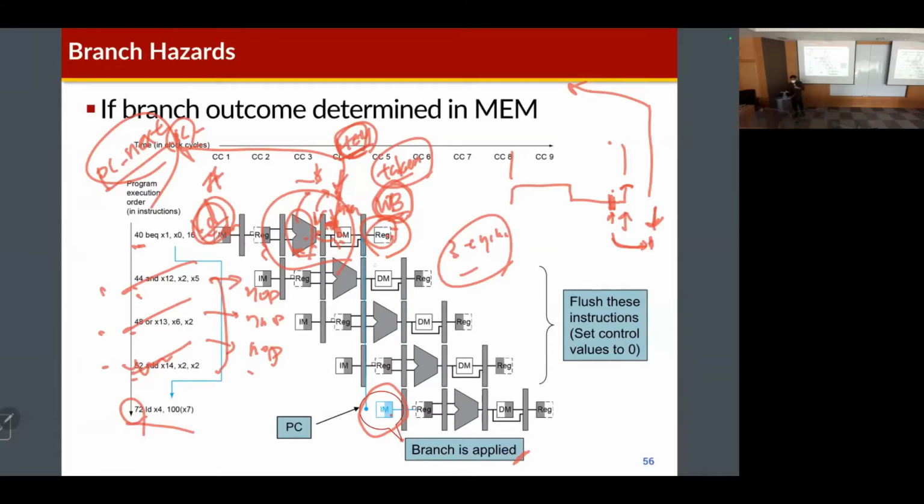So which means that when the branch is taken, the instructions in these three stages, in ID, execution, and memory stages, are incorrect. Those instructions are wrong instructions, so we need to flush. The flush means flush out. So we need to flush these instructions.